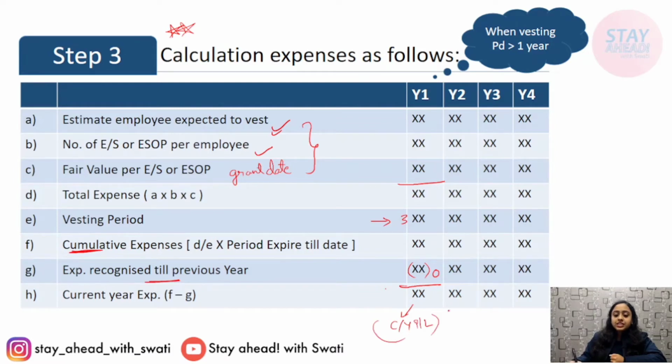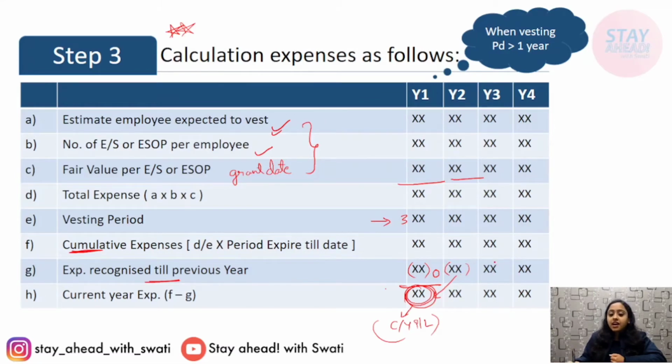Next year you take the same total expense. Then here also the vesting period will be the same. After this there comes cumulative expense. You will deduct the amount that was charged to the previous P&L, that is, the expense recognized till date, if any, in the previous year.